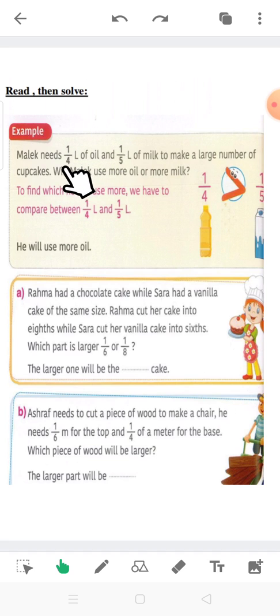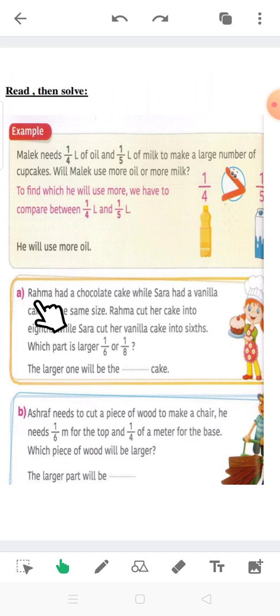Let's remember. Let's compare between a quarter liter and a fifth liter. If the top is the same, it will be the opposite. It will be crazy. So, fourth is bigger. Okay, he will use more oil, because fourth is bigger.